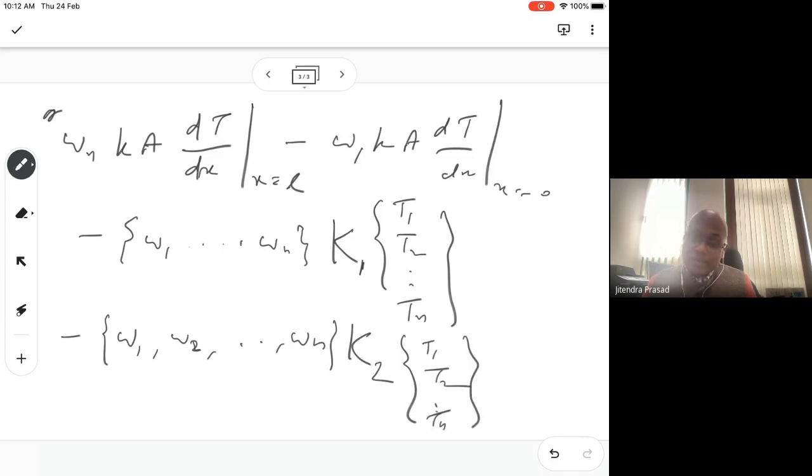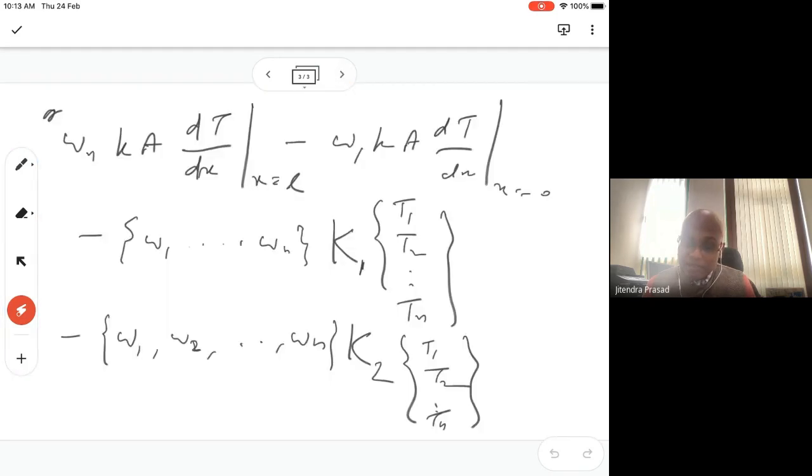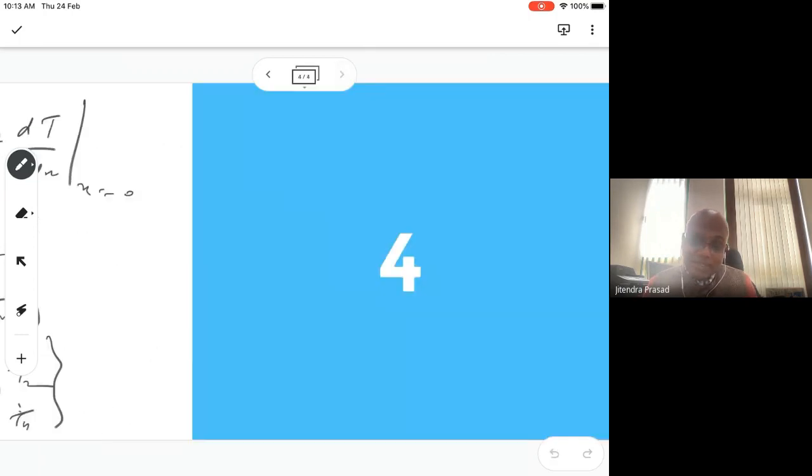Okay, so because we have minus here, and then we have minus plus, so there will be another one. Here it will be plus, we have W1, W2 to Wn, multiplied by some f vector, let's call it f. Now, the only thing is what is K1, what is K2, what is K3.